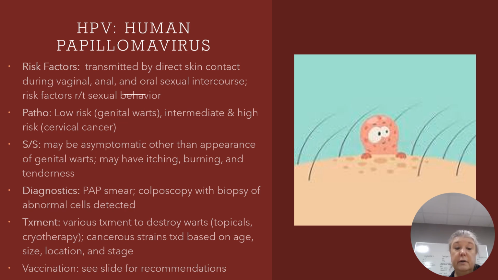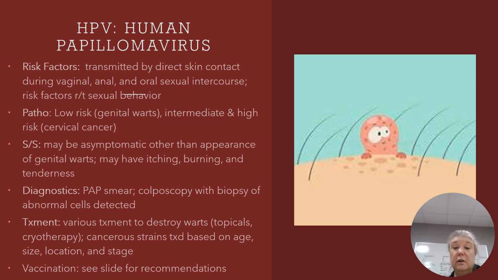All right. The patho of HPV, low, intermediate, and high. Low risk, think genital warts. Intermediate can be warts or cancer. And then all of the high risk ones are associated with cancer.